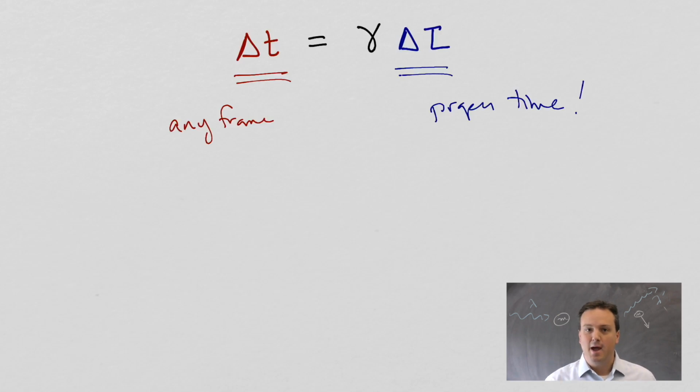It tells me how does a clock tick in the lab compared to how does the watch of the physicist tick, right? And since gamma is always going to be bigger than 1, what I've actually found is that every other clock is going to tick faster than the clock that the physicist is carrying. And that's why it's called time dilation, right? Because all other times are longer than the proper time. The proper time is, by definition, the shortest possible time.